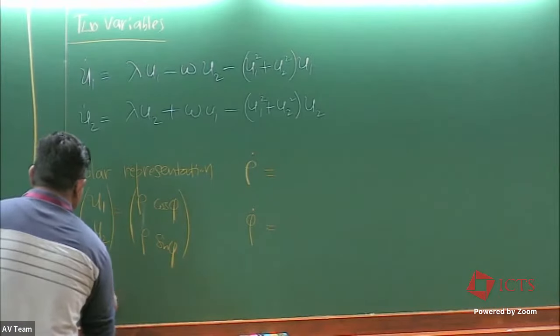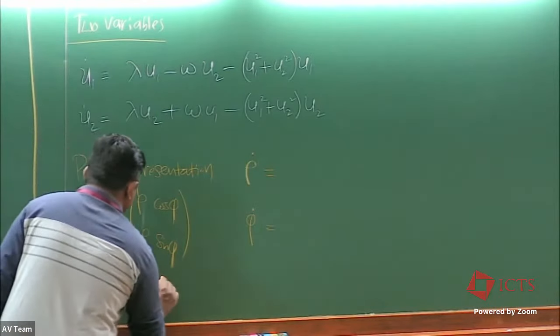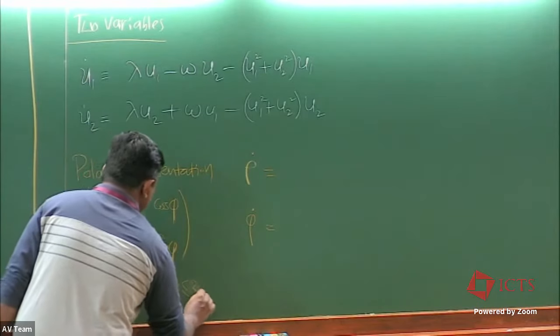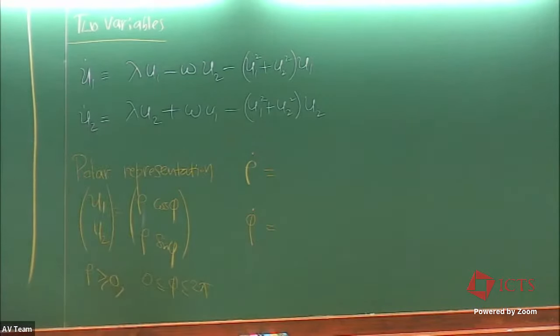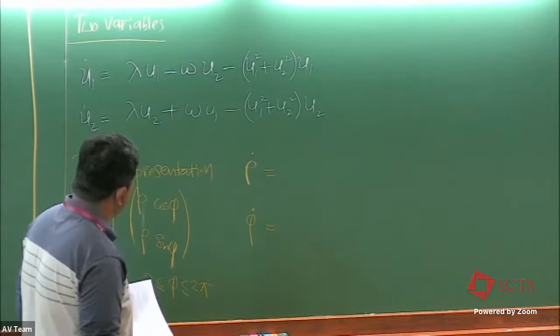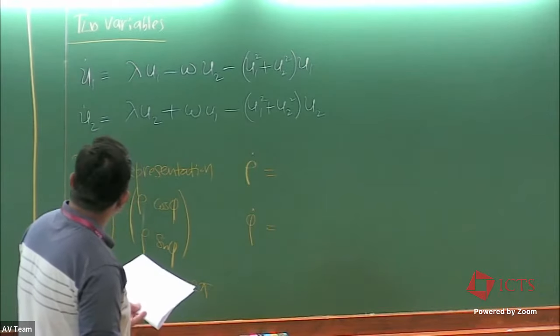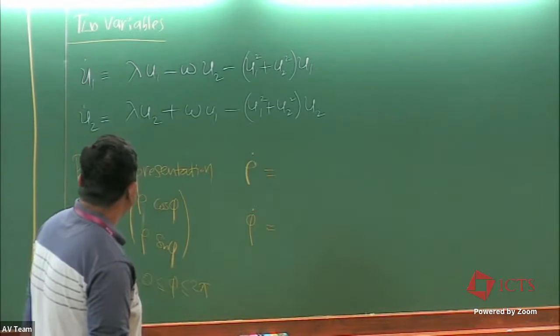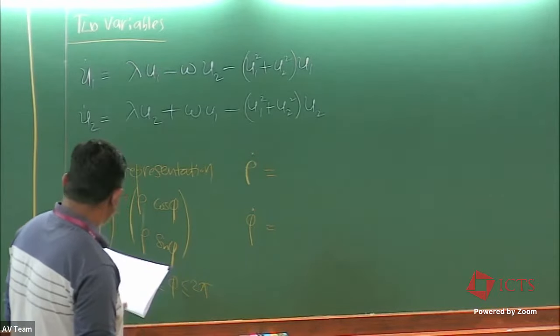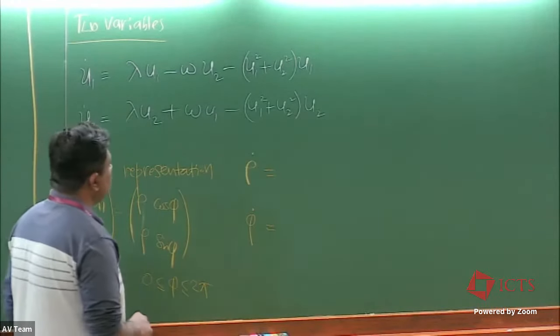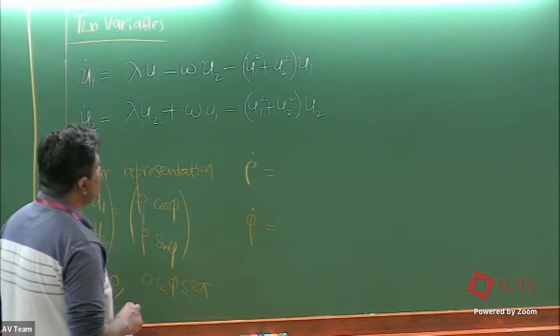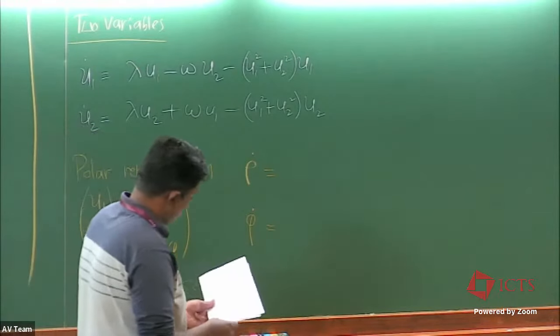So rho is non-negative and phi is between 0 and 2 pi. Quickly, please.